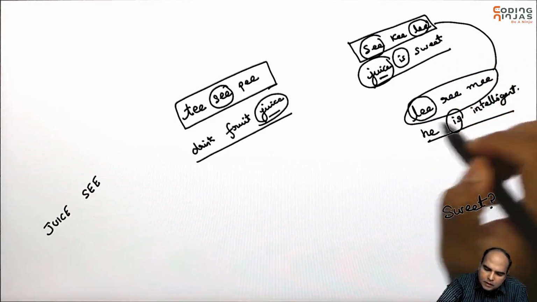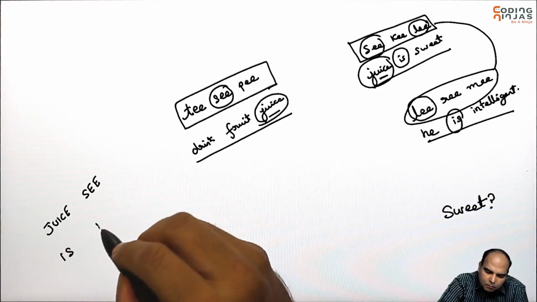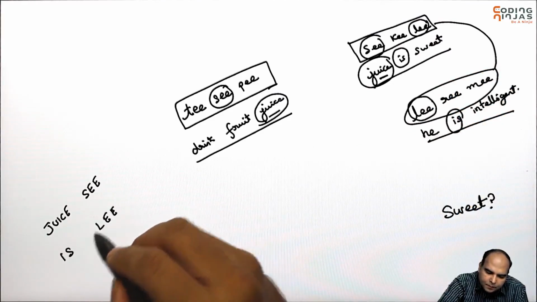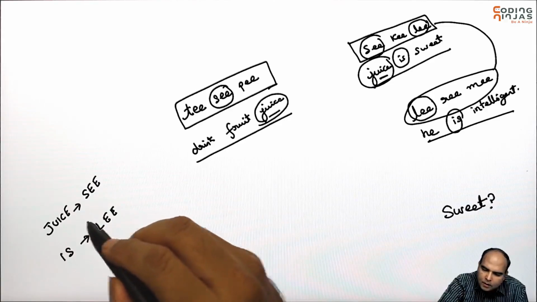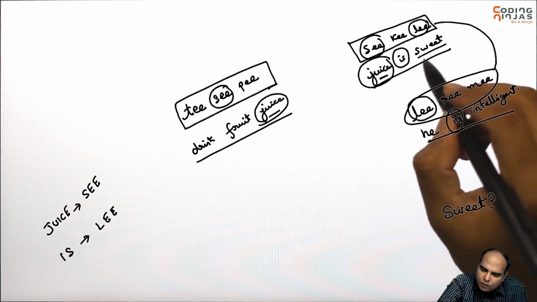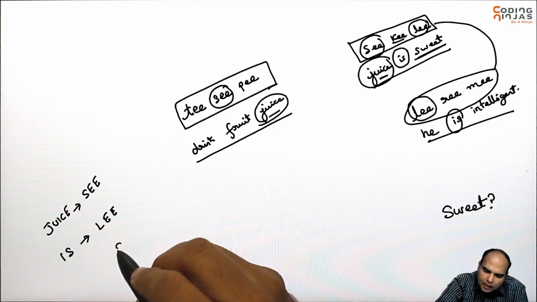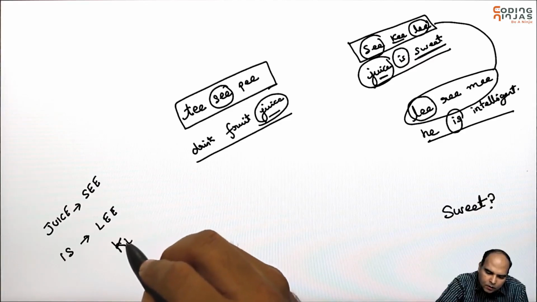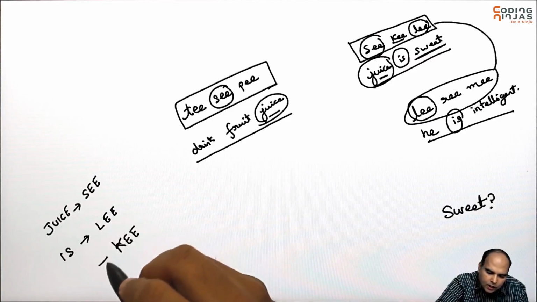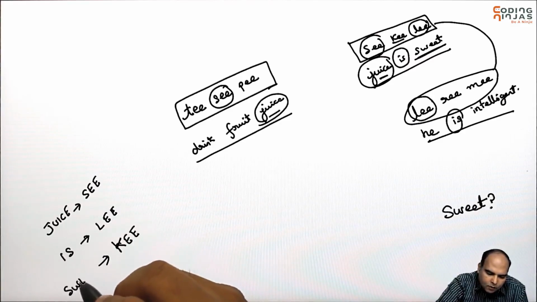So the English word is must be li, and since that leaves only one more word, sweet, and ki in the code, naturally ki must be standing for sweet.